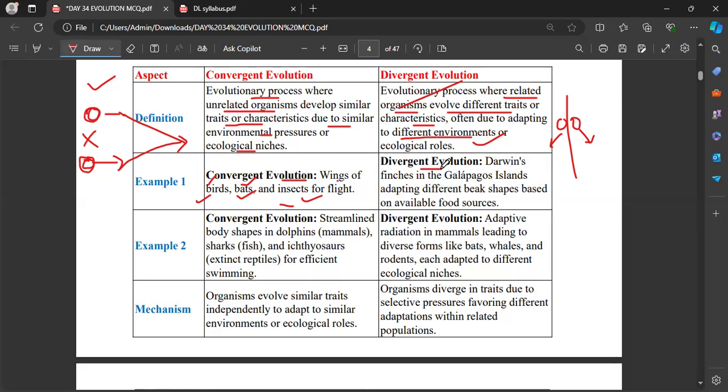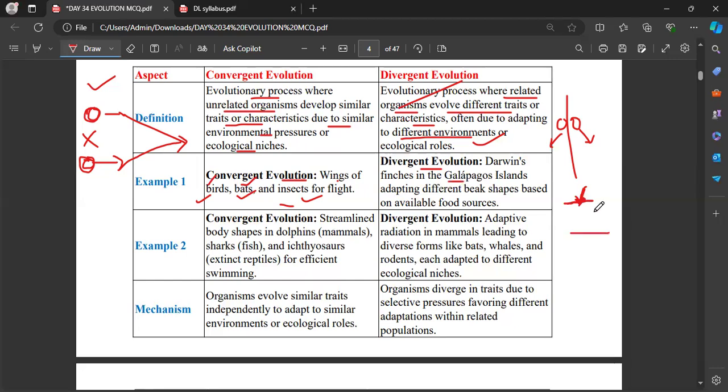And in divergent evolution, finches, okay, Darwin's finches in the Galapagos Islands. So these finches are from the same locality, they are related organisms. But due to the availability of food sources, some of the finches eat food that is on the surface. Some of the food present on the surface is easy to take, so the beak structure is not that critical.